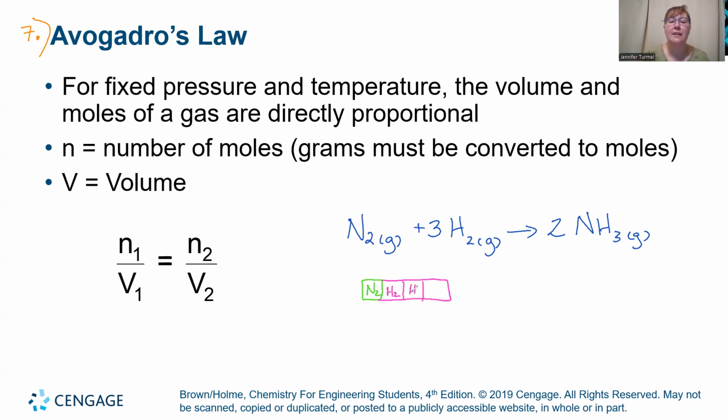And you can see that here we have 4 units of volume because we have 4 moles. And that's what that means with that proportionality. And then on this side, we have just 2 units of NH3.